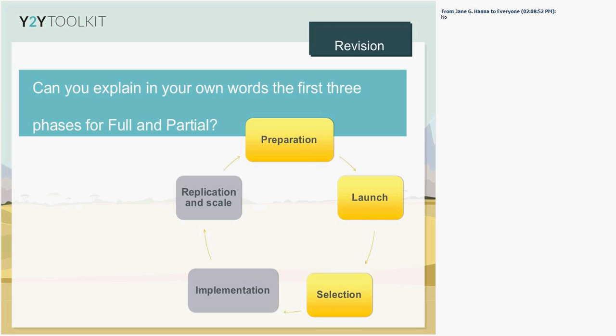We've already made a decision somehow. What does it mean to have a full replication or a partial replication with regards to all that we did last week? Maybe I can get some responses. Any suggestions?